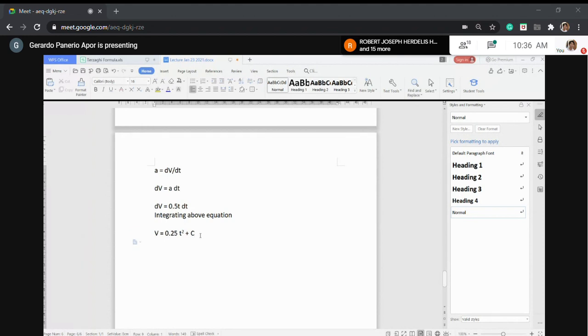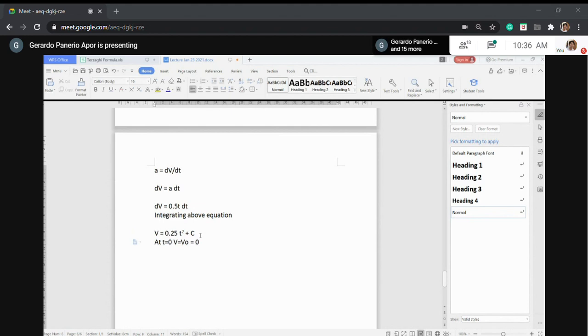We'll solve for the constant of integration. At time t equal to 0, v is equal to 0, since the cab starts from rest.